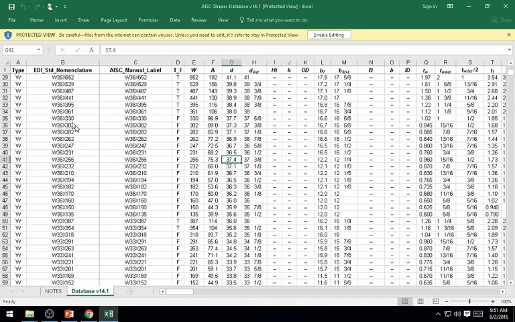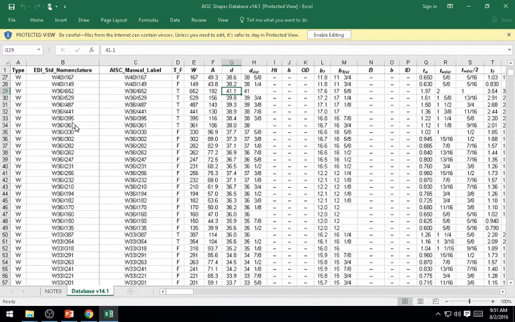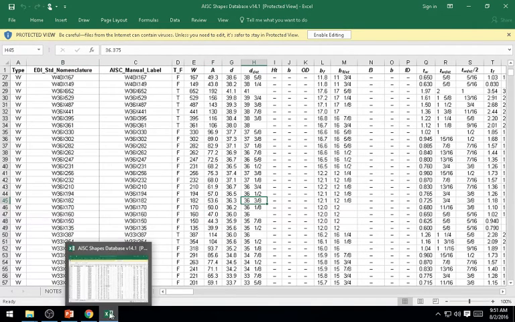So this W36 here is actually a 37-inch deep beam. This W36 here is actually a 40, well, that one's a bit odd. Some of these get really off, but that happens. So that is the approximate depth, but when you actually design, you want to use the actual depth, not the approximate depth. This is just to indicate the beam family.